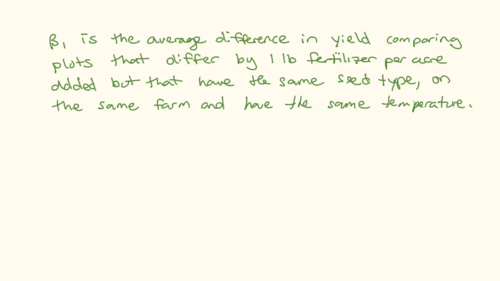Here's another possible way to write about beta 1. I just wanted to give you another option. The idea is that we're comparing 2 different sets of plots, right? Plots that differ by 1 pound fertilizer, but have the same seed type on the same farm at the same temperature.